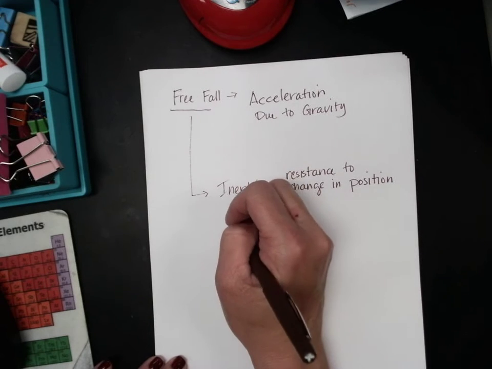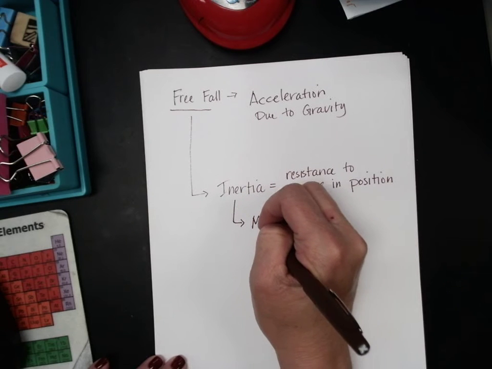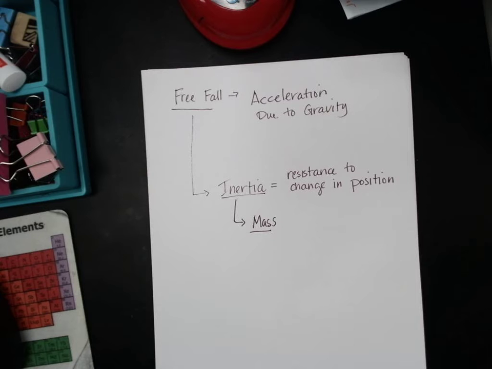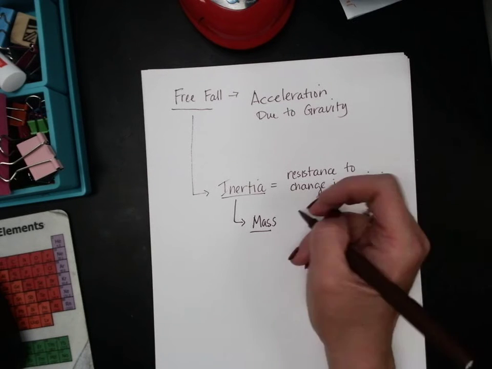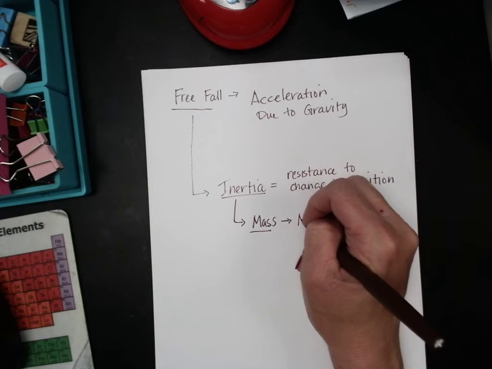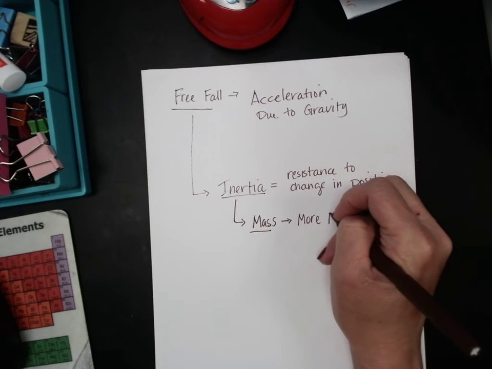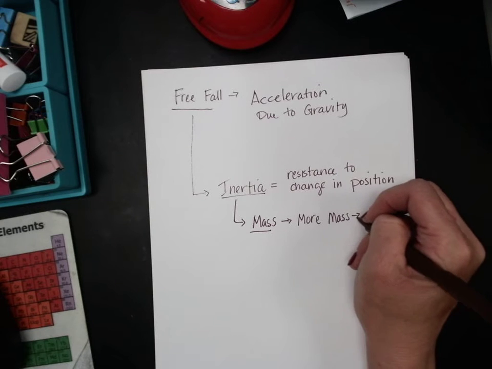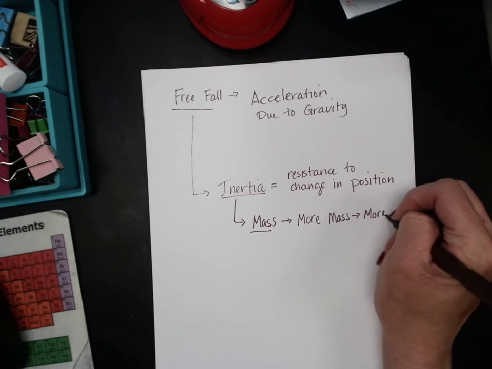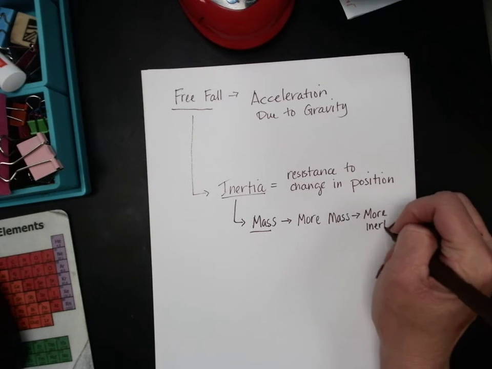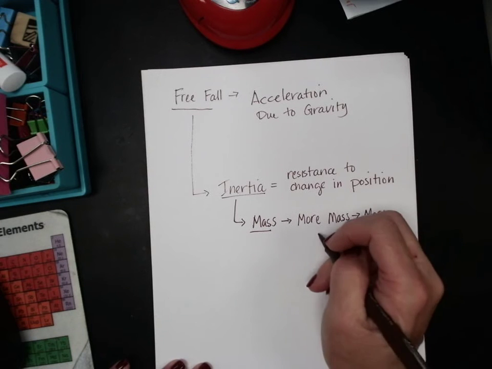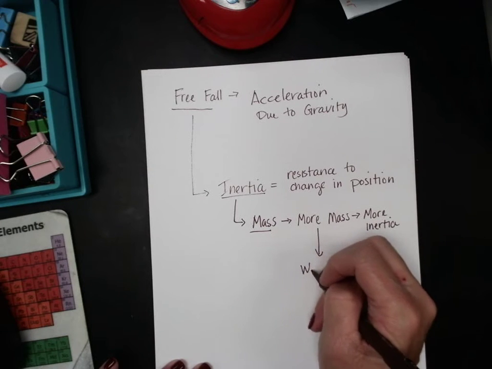When we think about inertia, we also have to think about mass. And when we think about mass, we need to think about how much mass, because I can say that if I have more mass, then I have more inertia. So it's a directly proportional relationship. I also have to think about weight in here as well.